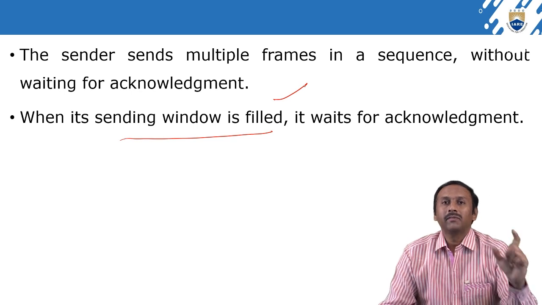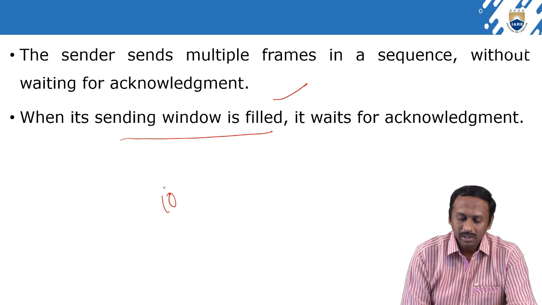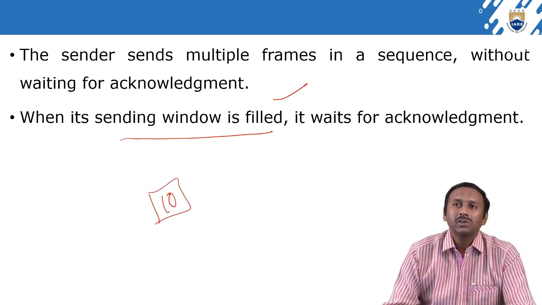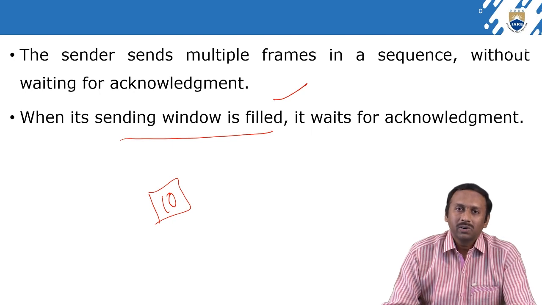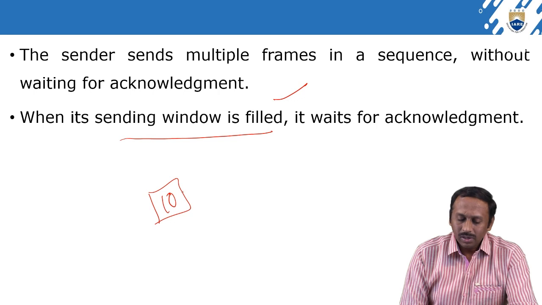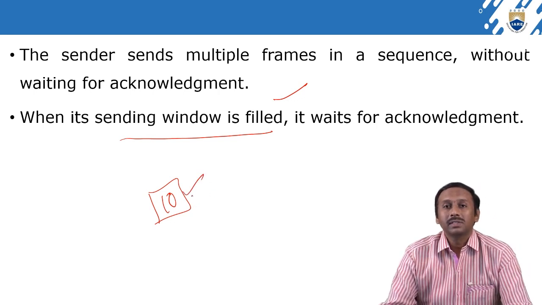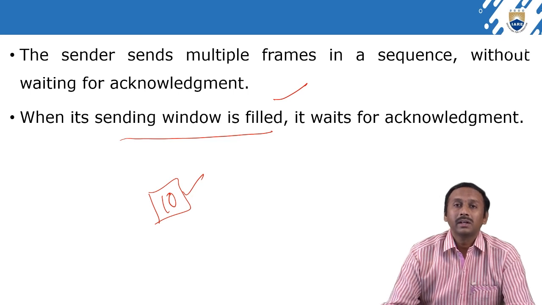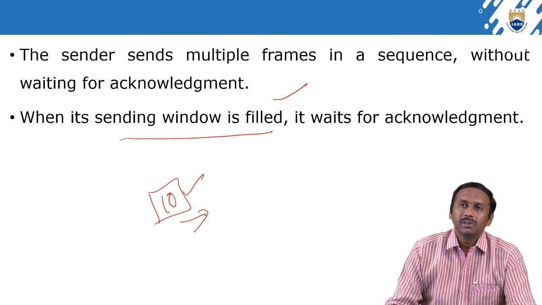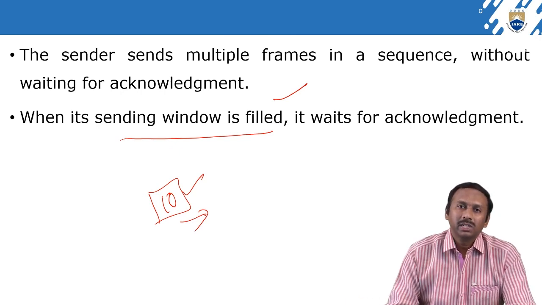That means the buffer, with the size in the example we have taken, is 10. So the sending window is full, and it waits for acknowledgement. That means it has already sent, and it is waiting for an acknowledgement. Until it gets an acknowledgement, it won't send anything again, right? That is only a small drawback that we need to check every time.